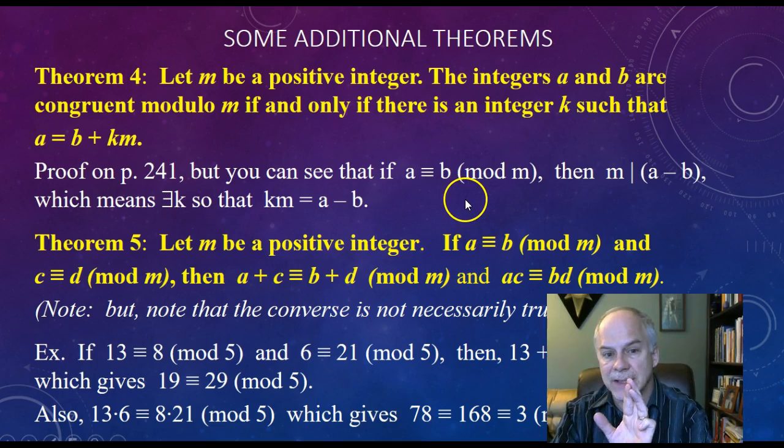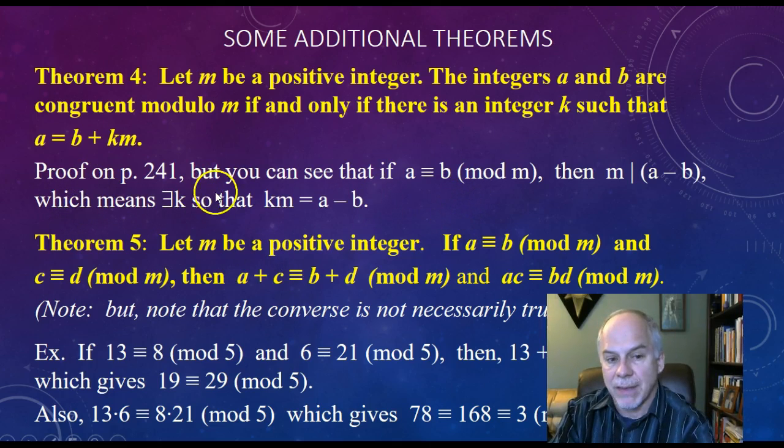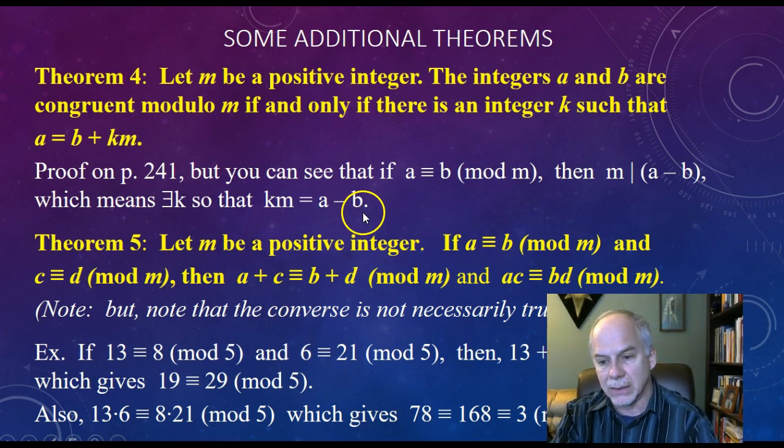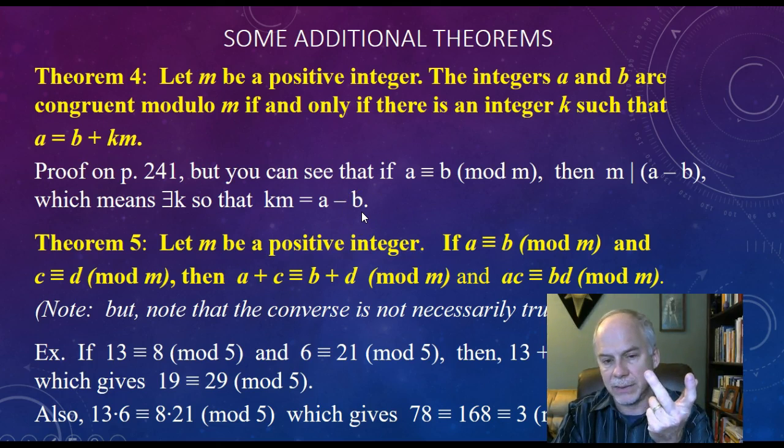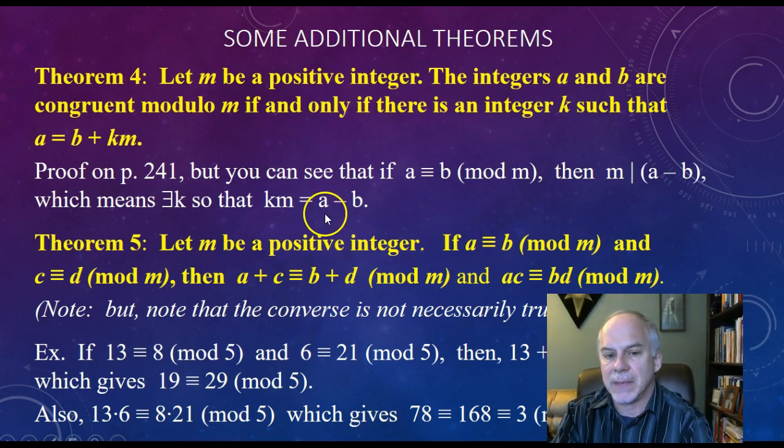Now, if you do a little algebra to this last equation in the theorem, you subtract b from both sides, and with the two sides switched around you get km equals a minus b.